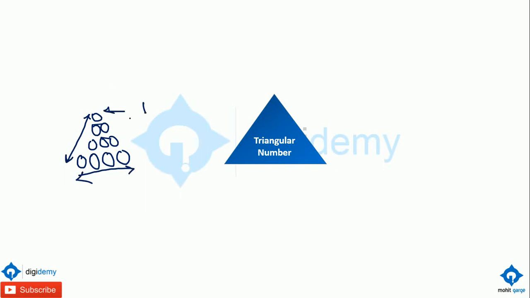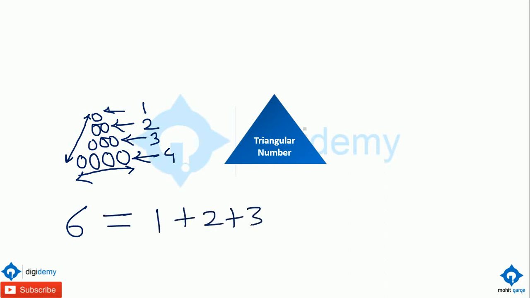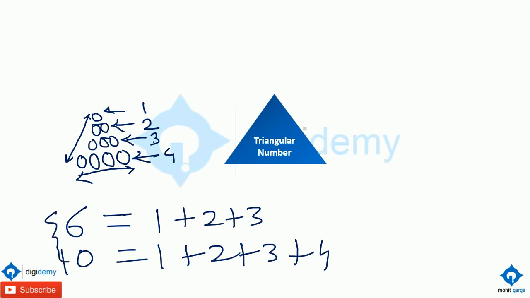You must have one ball over here, then two balls over here, three balls over here and four balls over here. So what is a triangular number? Triangular number is the number which is formed after the sum of consecutive natural numbers. So if you take 6, it is equal to 1 plus 2 plus 3. If you take 10, it is equal to 1 plus 2 plus 3 plus 4. So these are the triangular numbers.